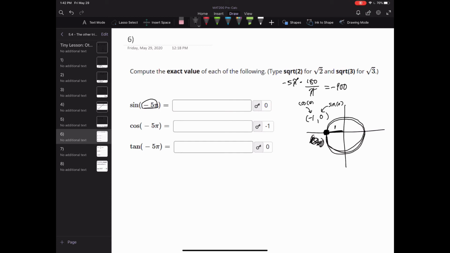So let's see. Sine of that angle is just 0. Cosine of that angle is just negative 1. Now tangent, what would tangent be? Tangent is just sine of theta over cosine of theta. So that is literally just 0 over negative 1, but it's still 0.